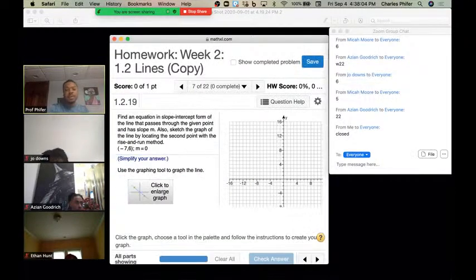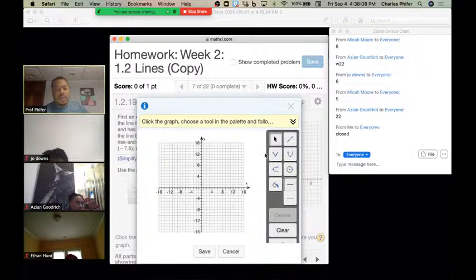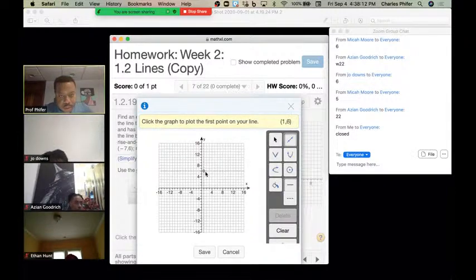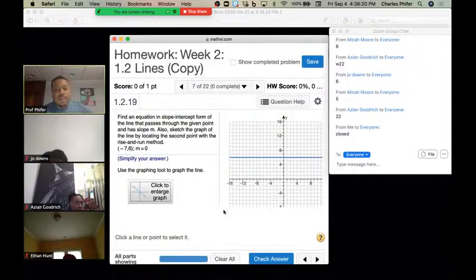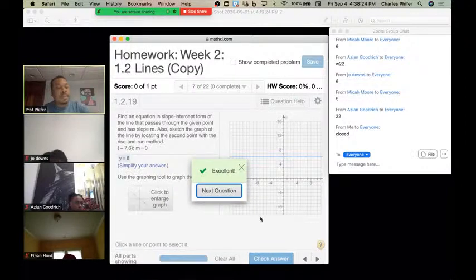Do we need to graph it? Let's graph it. This is just going to be a horizontal line, a straight line through y equals 6, so we can do this point and this point. Okay, I think we're okay. Let's hit save. I'm going to check our answer. Let's see the time.